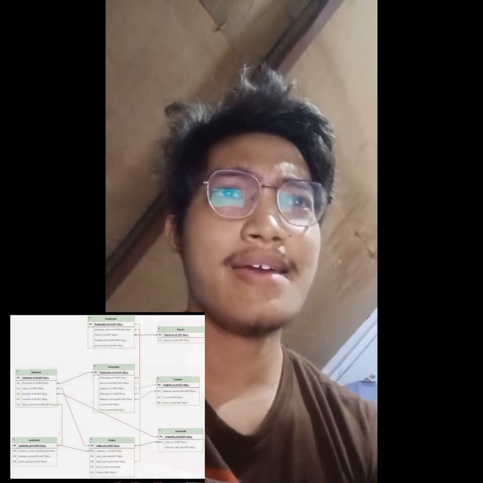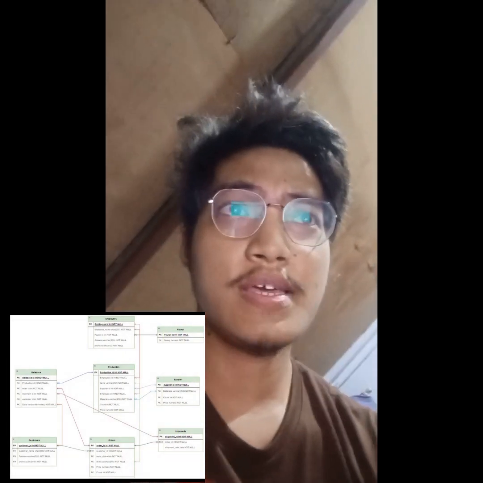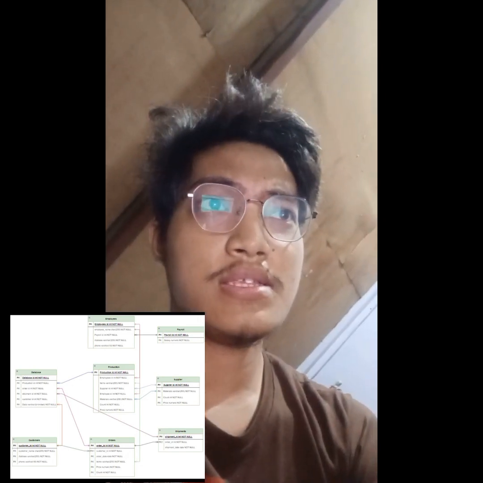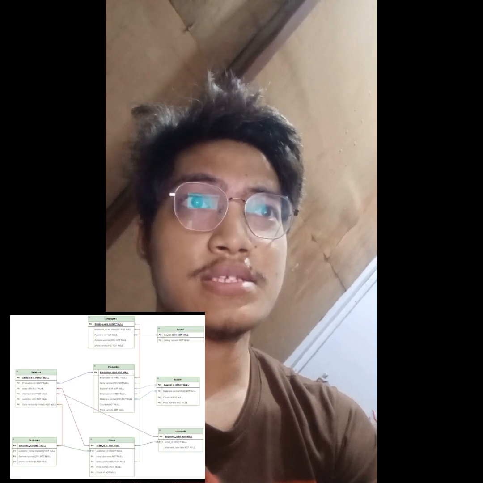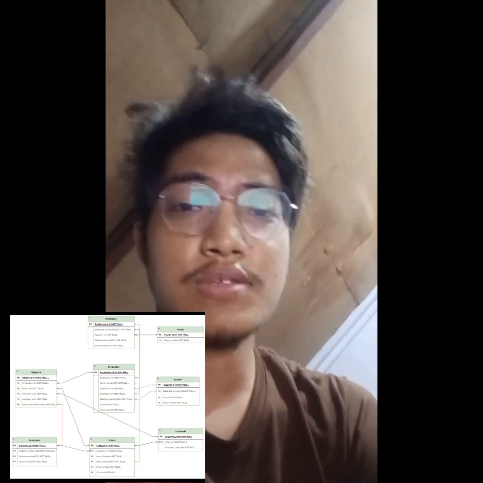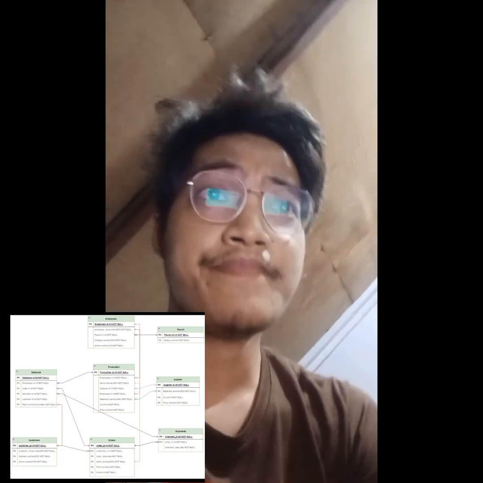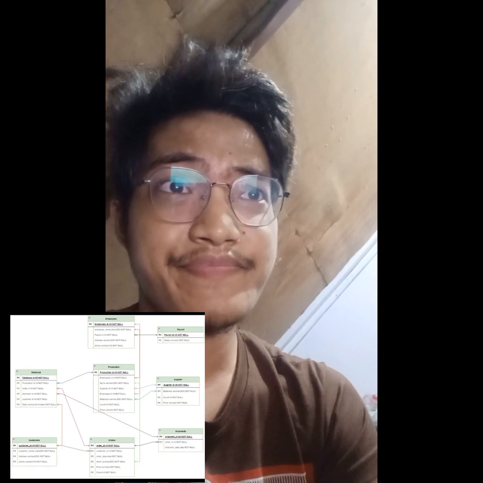Create an ERD or entity relationship diagram for Sunea furniture. Explain in detail your ERD creation as well as your assumptions. So I created here, as you can see, the entity relationship diagram.